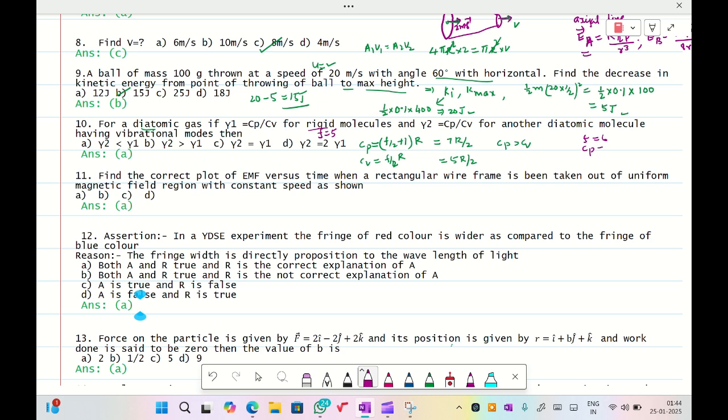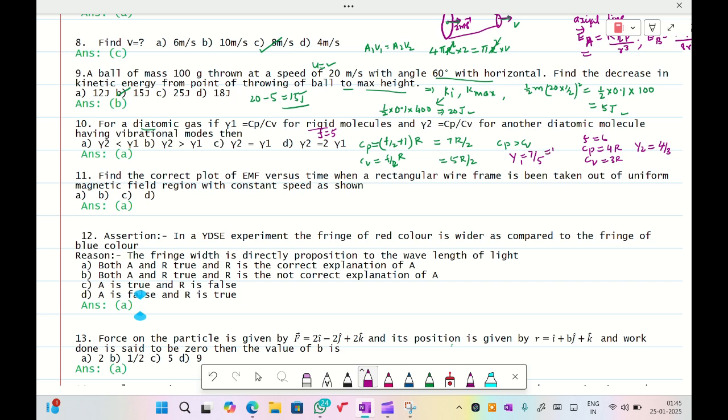Therefore Cp is equal to 6 by 2 plus 1, that is 4R, and Cv is equal to 6 by 2, that is 3R. So y2 is Cp by Cv, which comes to 4 by 3, and y1 is 7 by 5.